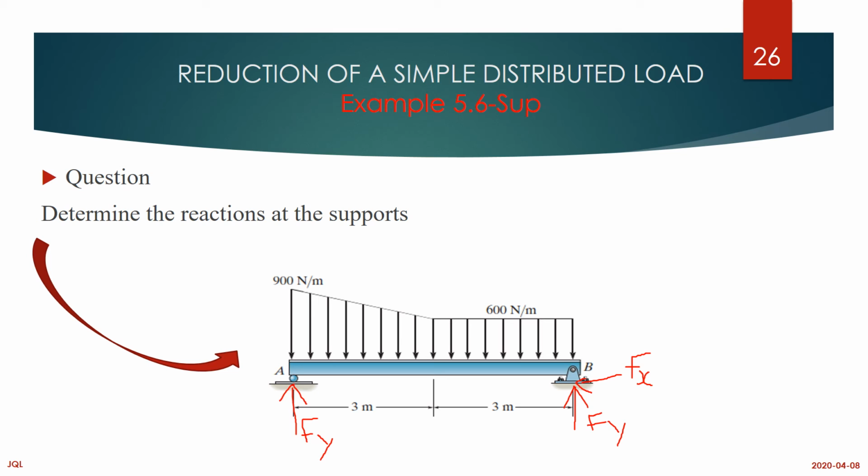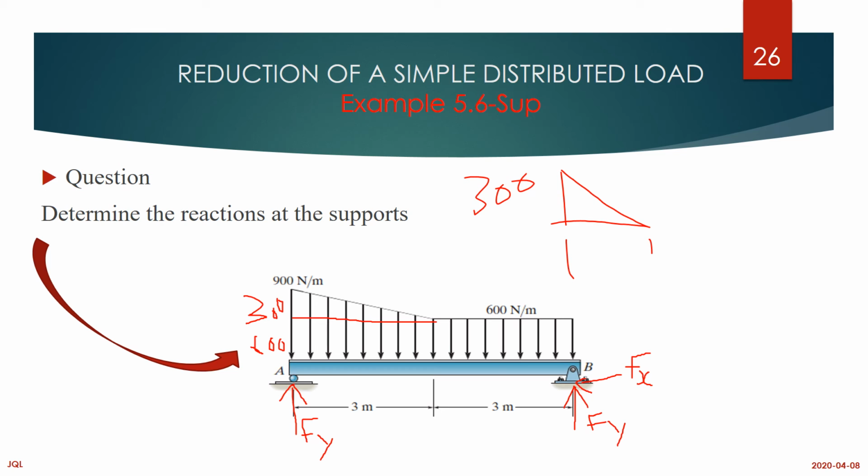So from here you do the same. You create, if that is 600, that is 900, this is 600, and that will be 300. You have just created that, which is 300, right?